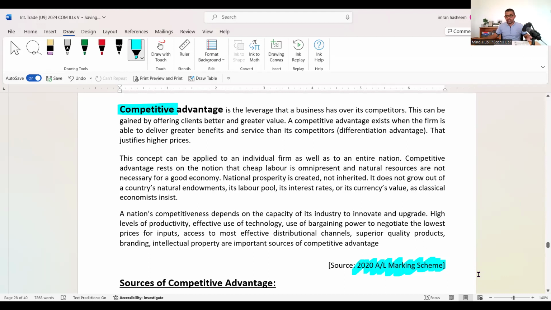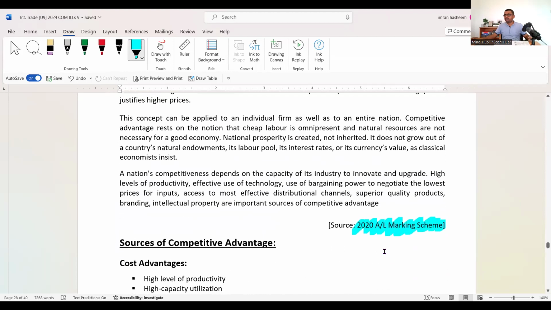That's for sure. It's all about better and greater value. Value proposition. Greater value means you get a good product at a lower price. So you have to have cheap labor, omnipresent, always available, easy to access natural resources.